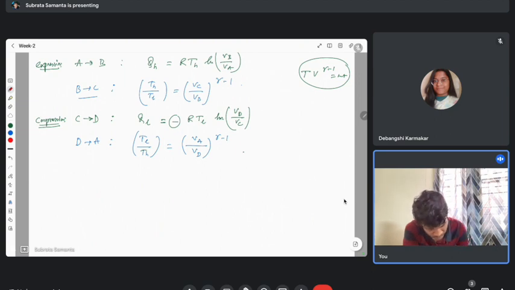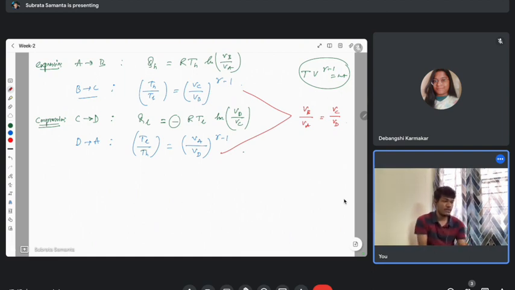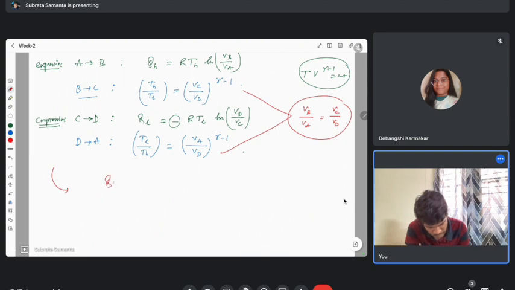These two equations tell us that V_B by V_A equals V_C by V_D. Once you put this into the formula for the other two, A to B and C to D, I get that Q_H by Q_L involves ln(V_B/V_A) and ln(V_D/V_C).